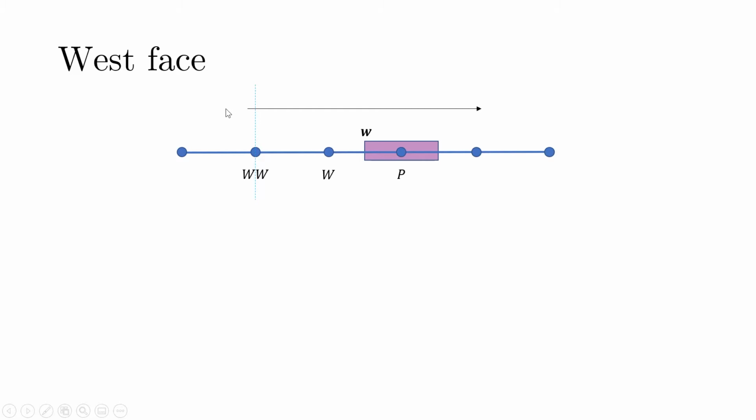So in order to understand how the QUICK scheme works, again we look at the flow direction. The flow direction is from left to right, and we are interested in this point small w. If I am standing here and I know that the flow is coming from left to right, we can see that the capital W node is the upstream node, and the capital P node is the downstream node. I hope that is clear.